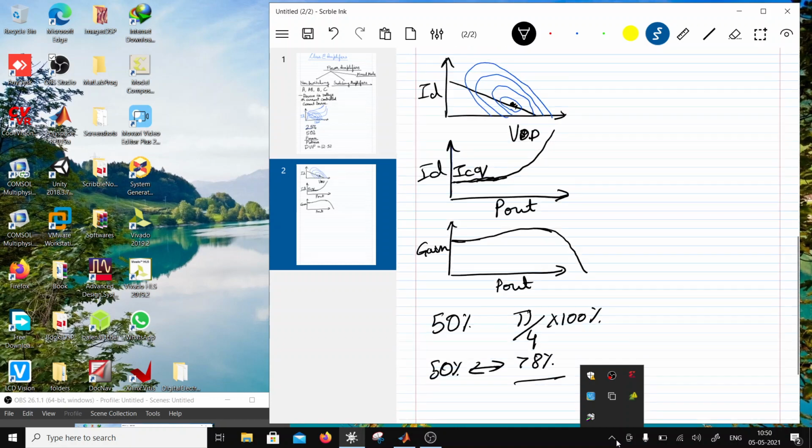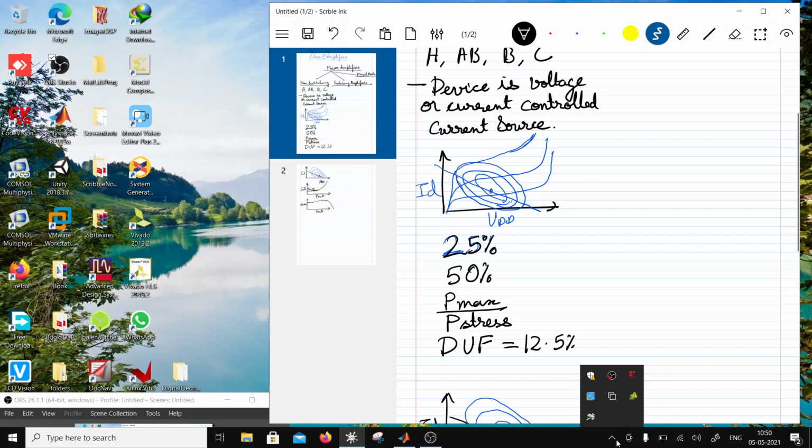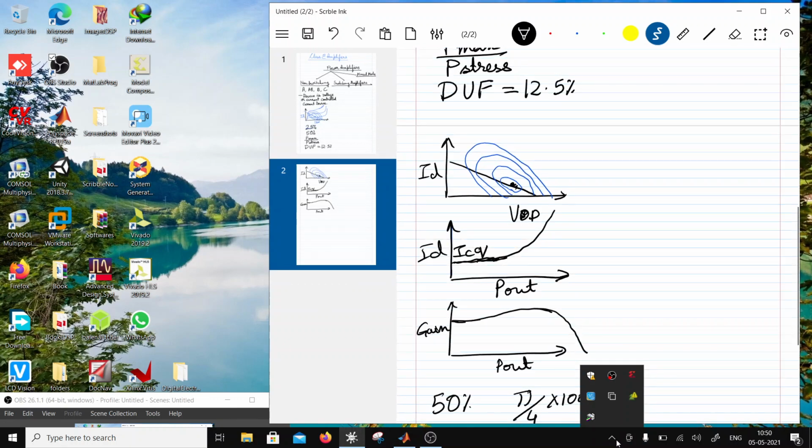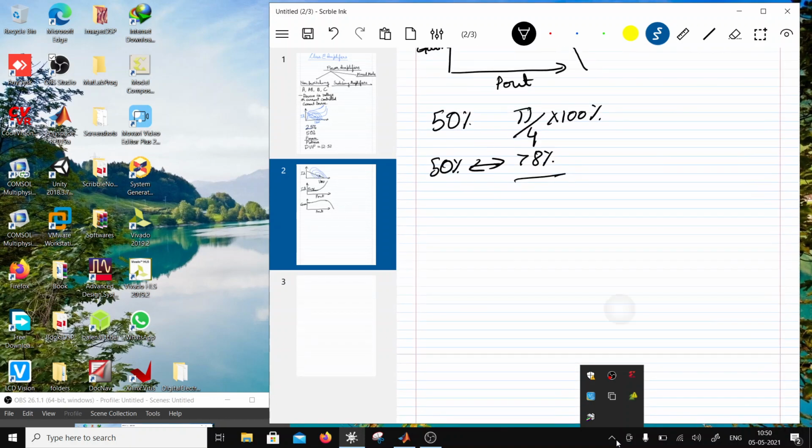So let's just label this. We are talking about class A here. Now we are talking about class B or AB over here, and then we are talking about class B here.